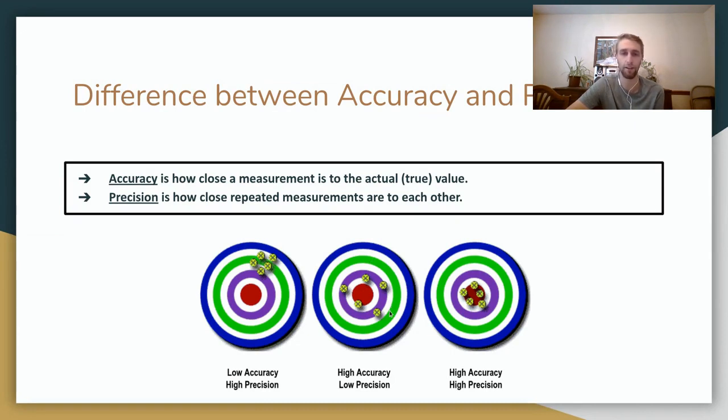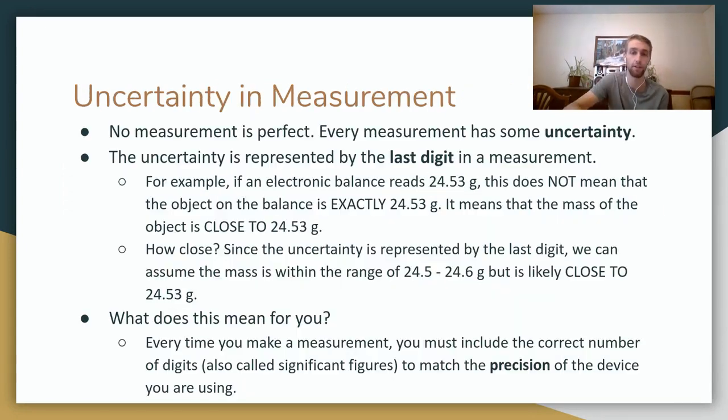You don't have it dialed in, but it actually is accurate, even though most of them aren't in the bullseye, because if you look at the average position, on average, they're very close to the center. So it's possible to have one but not the other. The goal, obviously, is to get high accuracy and high precision. So on average, they're in the bullseye, but they're also clustered really tightly together. That's a good way of thinking about accuracy and precision when you're making measurements.